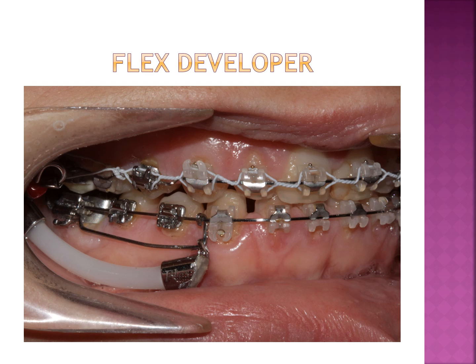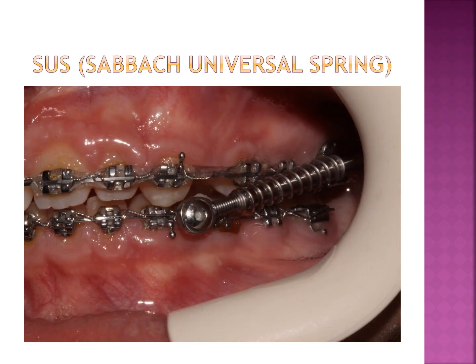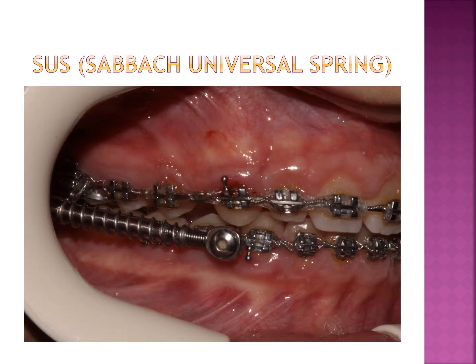A similar appliance, but from 3M company, called Flex. As for me, the best additional appliance to treat distal bite in adolescents and adults is the Sabbagh Universal Spring, or SUS appliance.